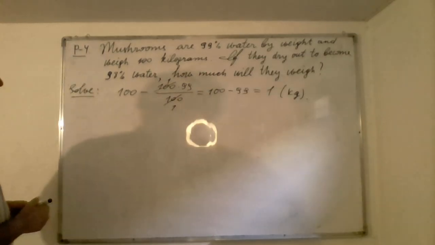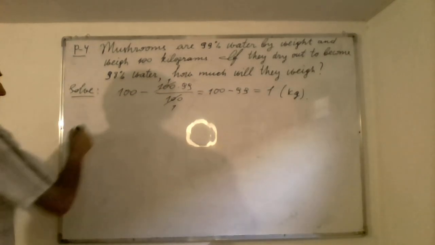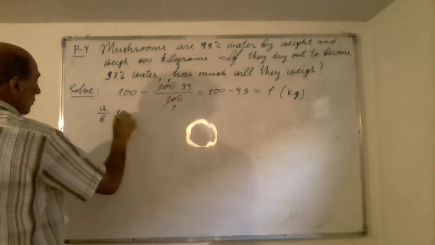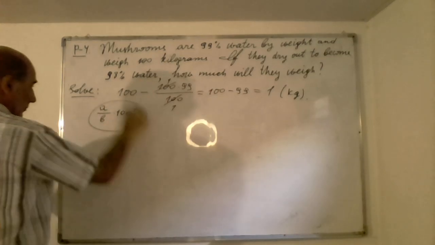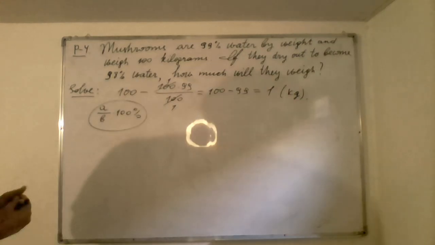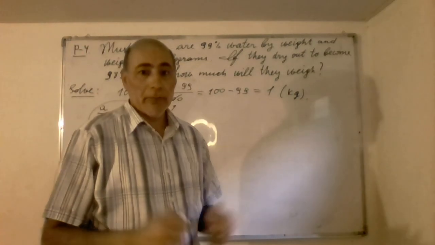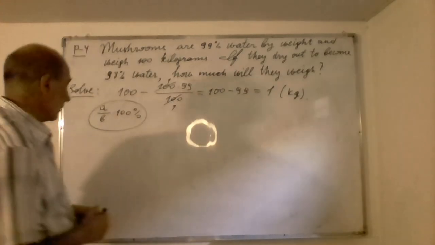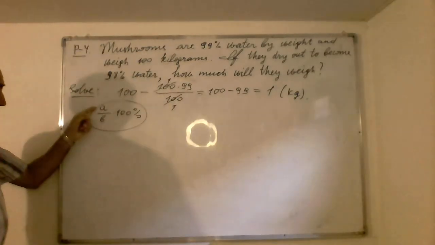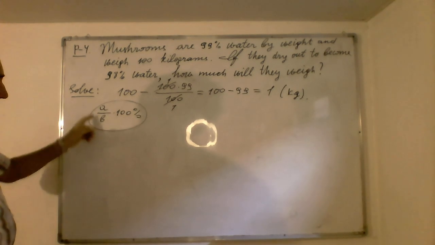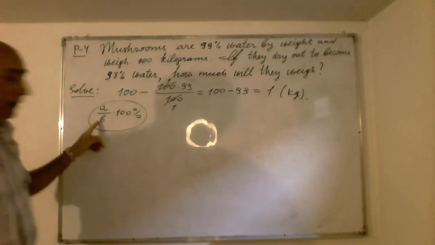We can solve this problem based on the expression, the ratio of A to B times 100%. A bit of time ago, we said that A is the amount of homogeneous substance, B is the amount of solution.